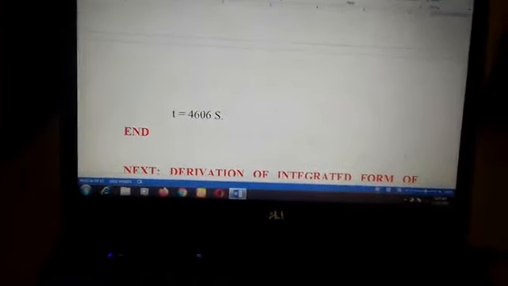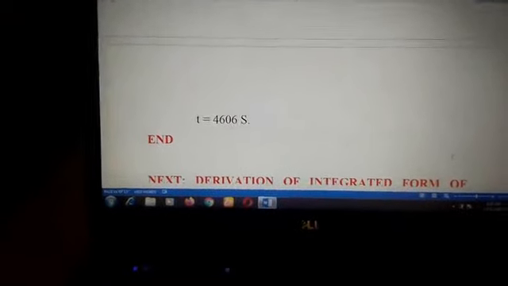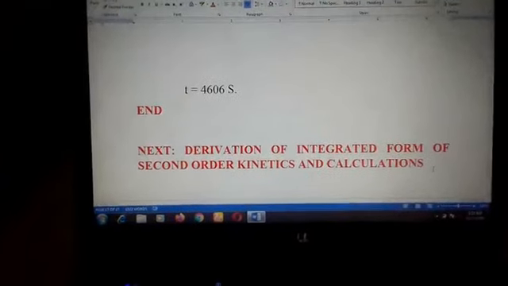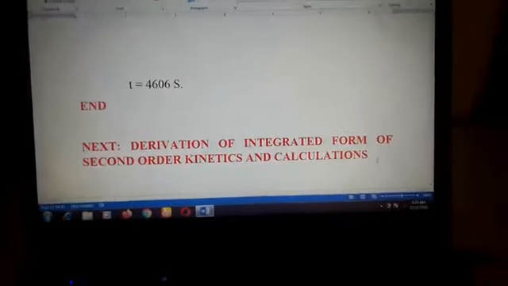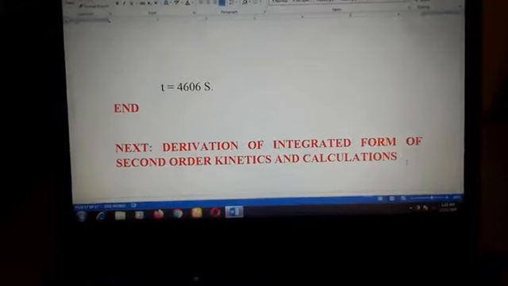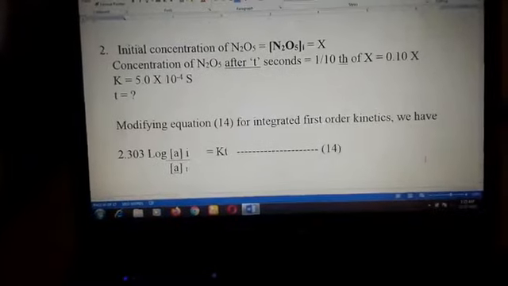By the end of this lecture, you'll be able to do calculations on first order reactions and be able to derive the integrated form of first order equation, likewise the half-life equation for first order reaction. Next, under this chemical kinetics, we're going to look at derivation of integrated form of second order kinetics and calculations.